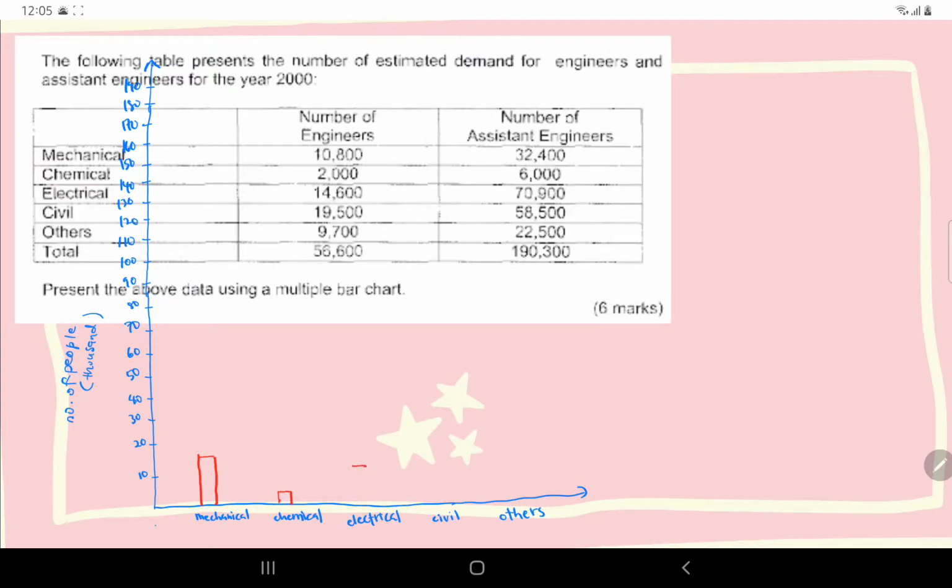Sorry, for mechanical just now it was wrong. For mechanical, it must be slightly lower, more or less here. For chemical, it is only 2,000. So for electrical it is 14,000. It is slightly taller than the mechanical.